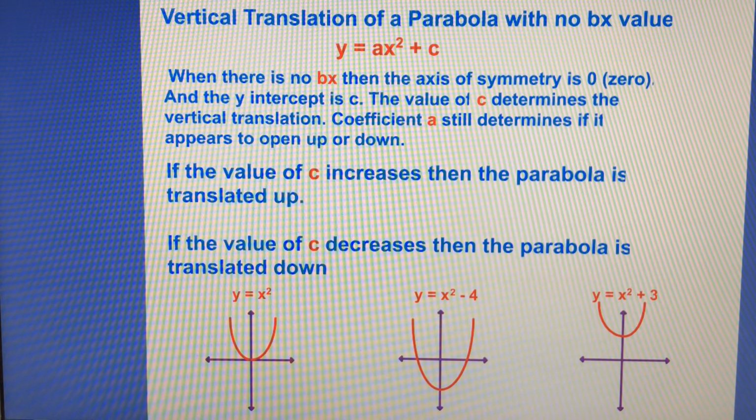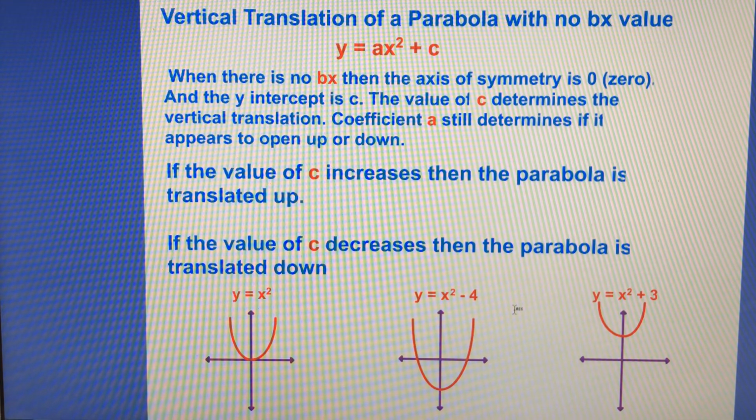The value of c determines the vertical translation. So coefficient a still determines if it appears to open up or to open down. But if the value of c increases, then the parabola translates up. If the value of c decreases, the parabola translates down.